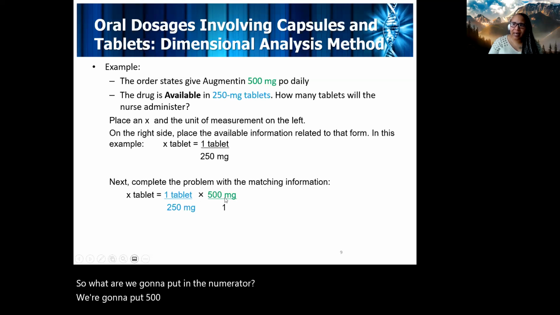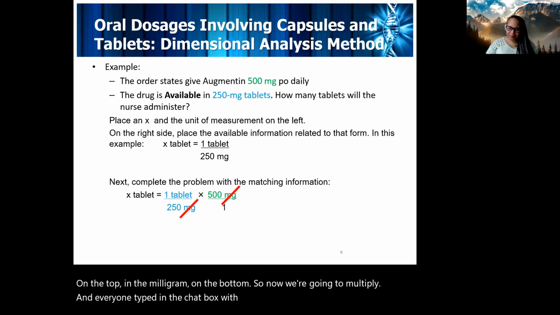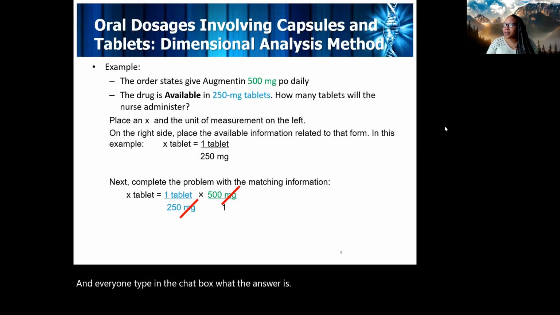And now you see that we can cancel out this milligram on the top and the milligram on the bottom. So now we're going to multiply. And everyone type in the chat box what the answer is. Good, 2 tabs.